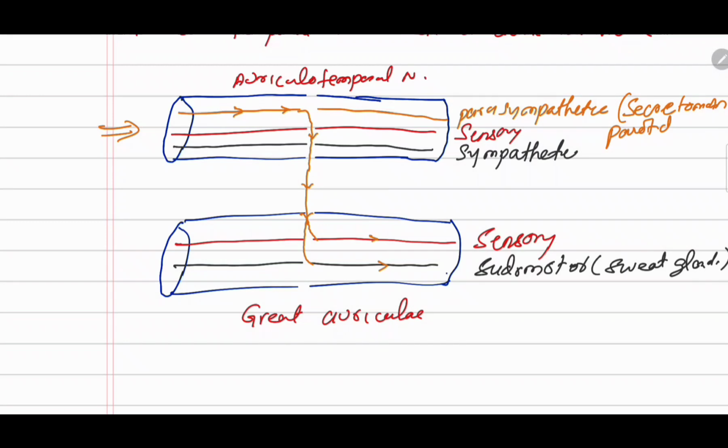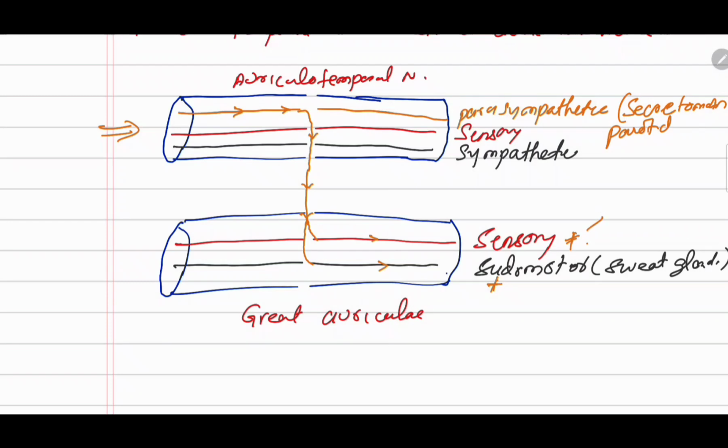As a result, the stimulus intended for the gland leads to stimulation of the sensory fibers and pseudomotor fibers.